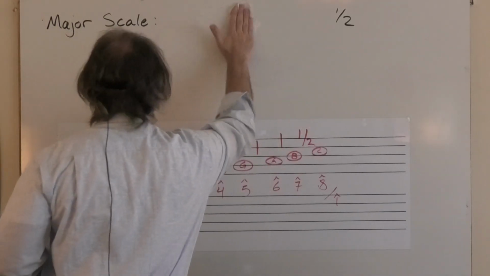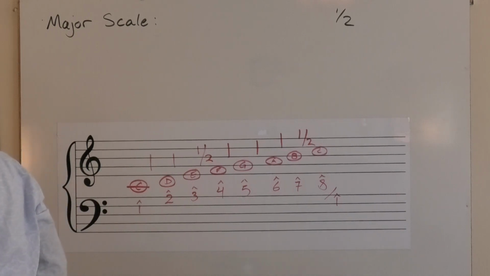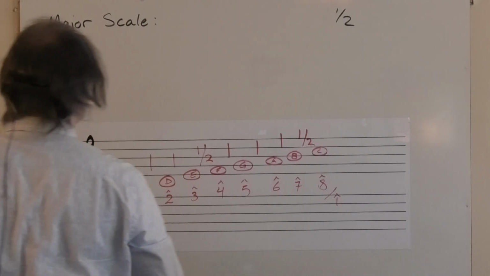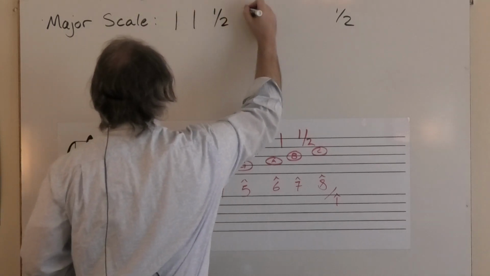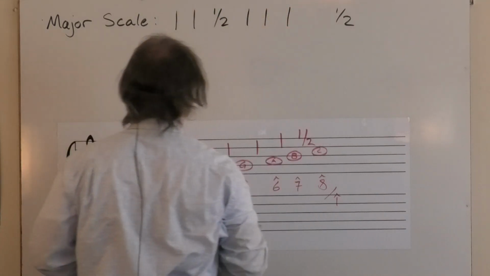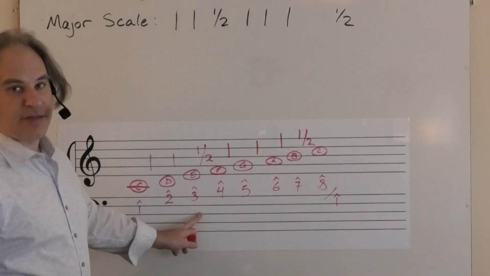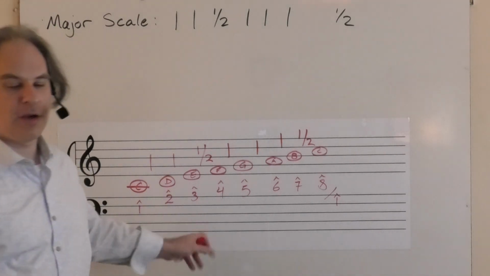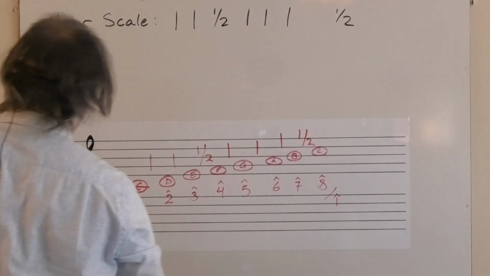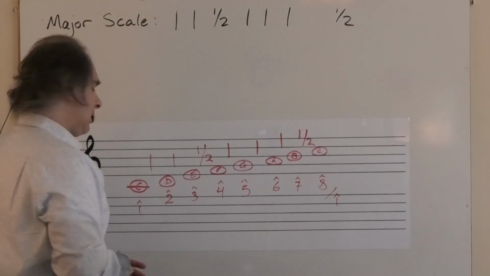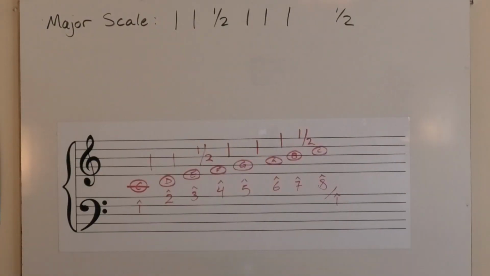Now, what makes a scale major or minor? The answer is the interval of the third from the root of the scale. You say, well, are there any exceptions? And the answer is no. There are no exceptions. From the first scale degree to the third scale degree, whether it's a chord or a scale, the third determines whether the scale or the chord is major or minor, period.